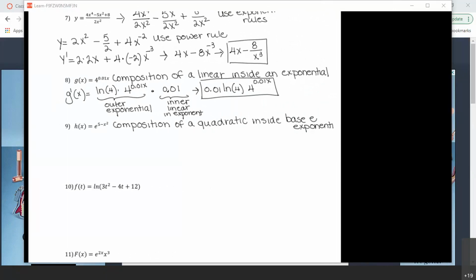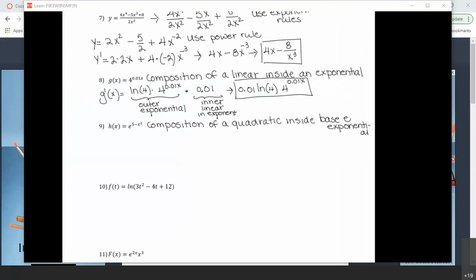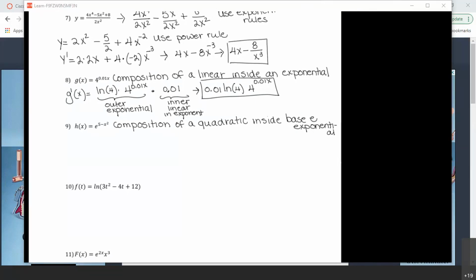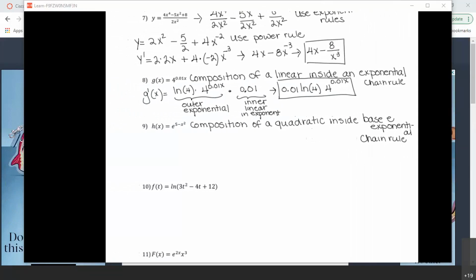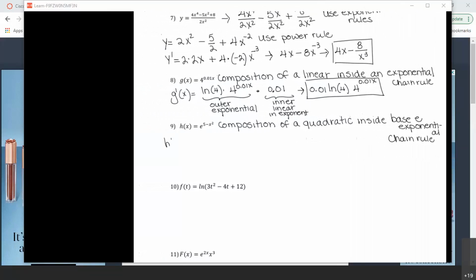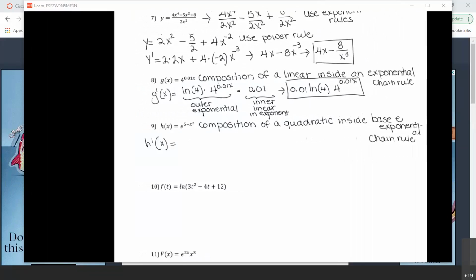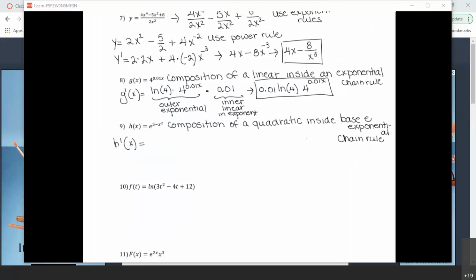Because it's a composition, again, I'm using the chain rule. This was an opposite chain rule, and I'm going to use the chain rule again. The first thing I'm going to do when I differentiate this is take the derivative of the outer function, which you could think of as ln of e.